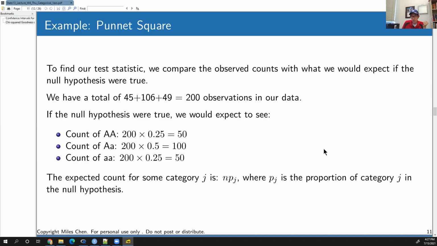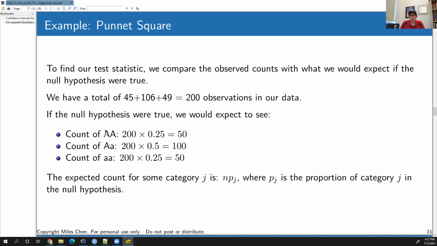And so to get my expected counts, we take the total count, in our case 200 observations, and multiply it by the proportions listed in the null hypothesis. My expected counts are going to be 50, 100, and 50 for categories big A big A, big A little a, and little a little a, respectively.